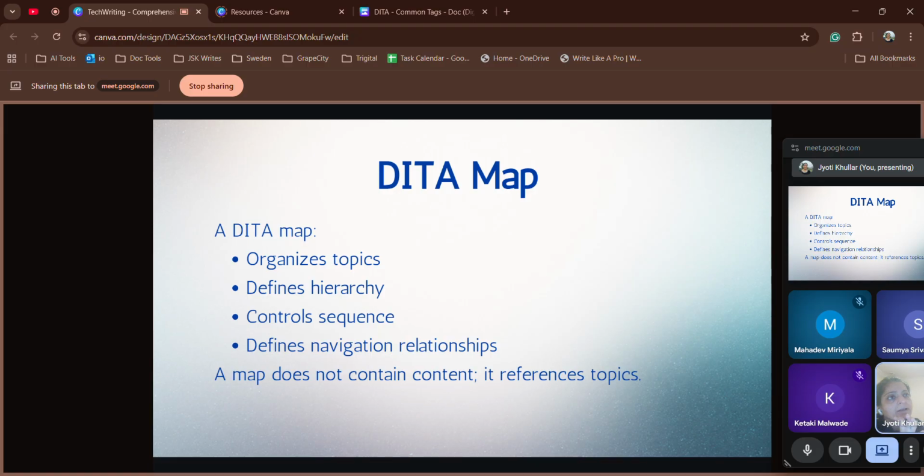And DITA map क्या करता है? DITA map उसको स्ट्रक्चर देता है कि कौन सा टॉपिक कहाँ पर आएगा, कौन सा टॉपिक एक पर्टिकुलर नोड के अंदर डिस्प्ले होगा. Maybe you want to show what is water reminder, why is it used, and how to set it in a single thing.